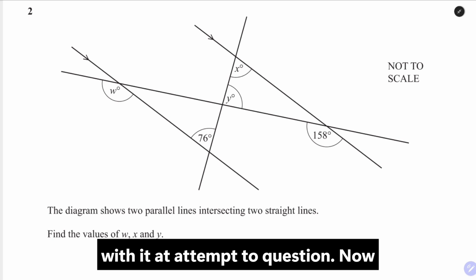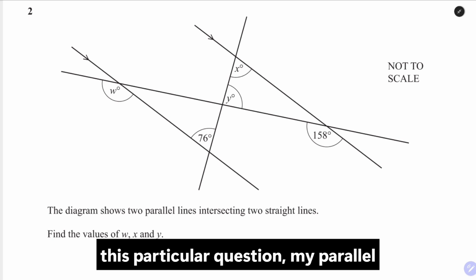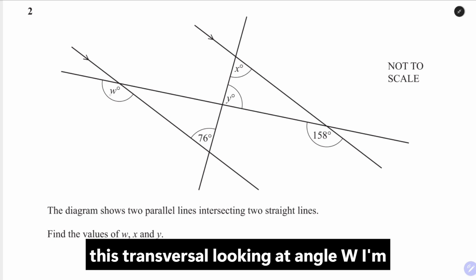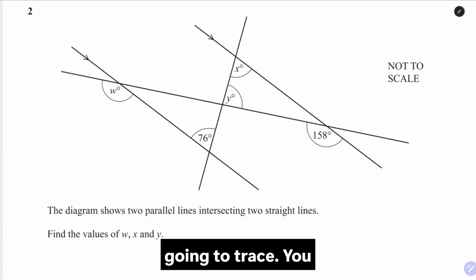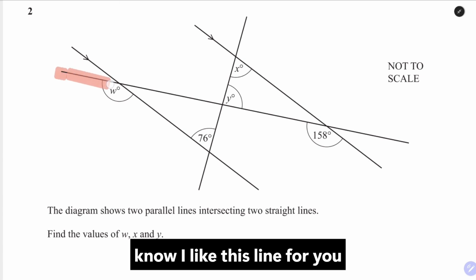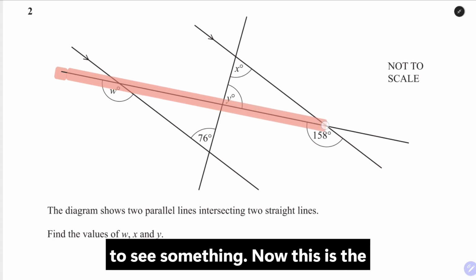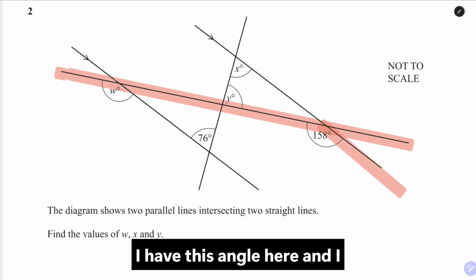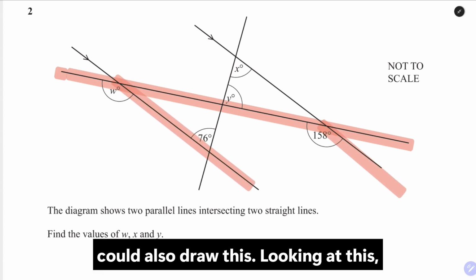Now, this particular question, my parallel lines are here, and then I have this transversal. Looking at angle W, I'm going to highlight this line for you to see something. Now, this is the line that has W, but notice that I have this angle here, and I could also draw this.